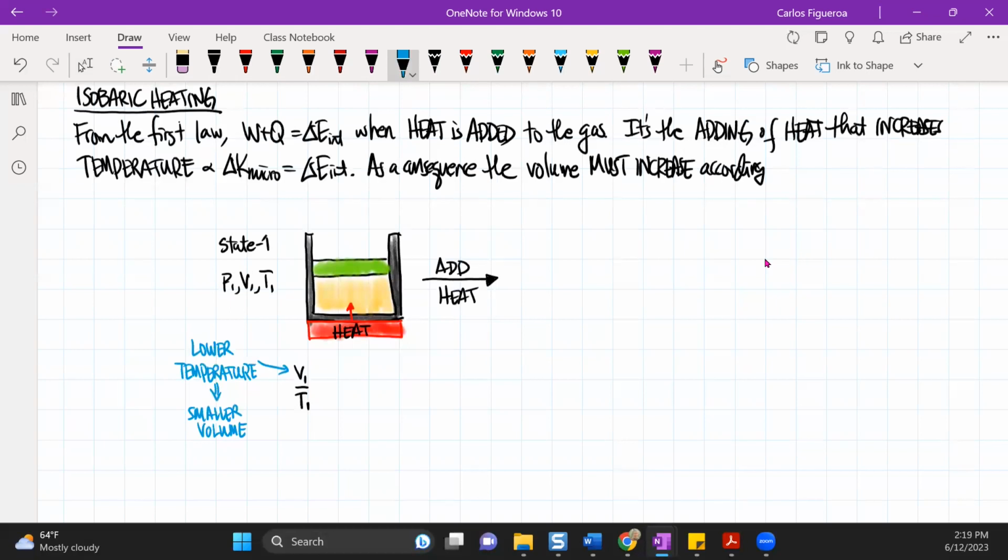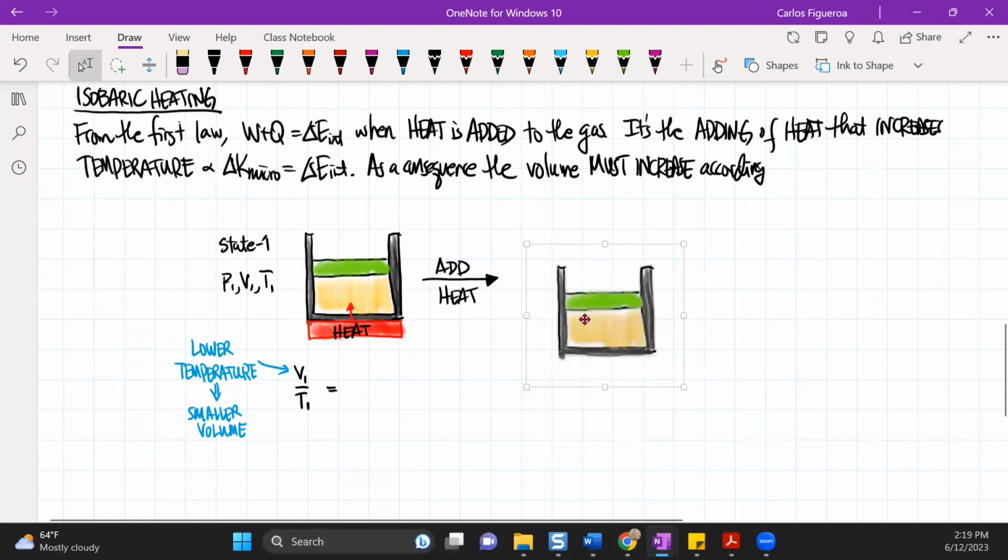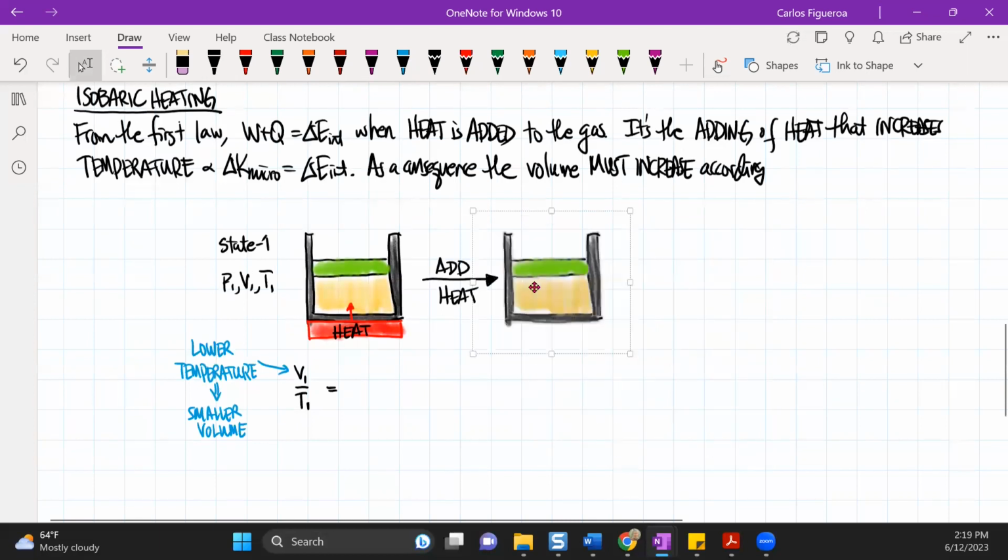That's the condition for an isobaric process. So as I add heat, what's going to happen now? Well, I now have my piston, and I still have my heat source. It's constantly adding heat to the gas. So I know that it's constantly acting.